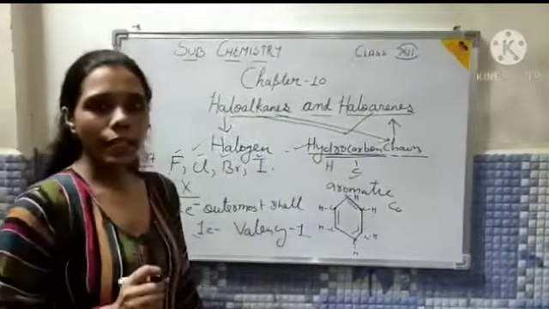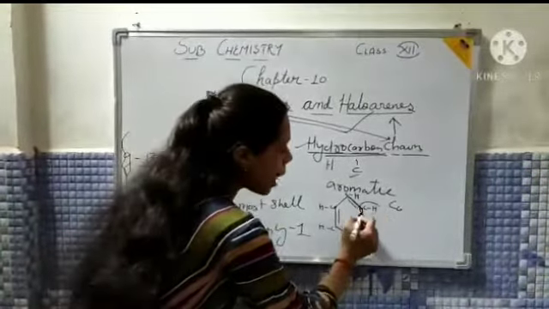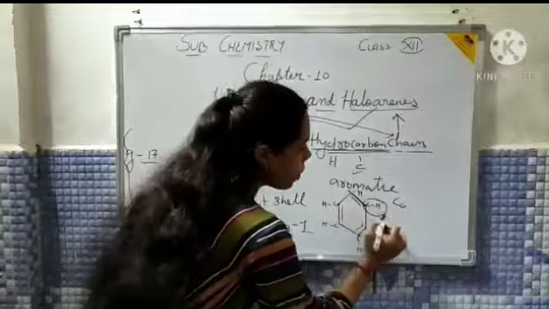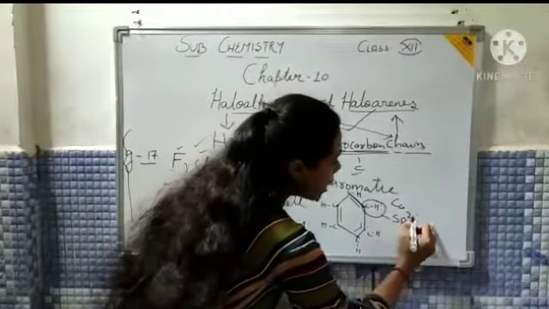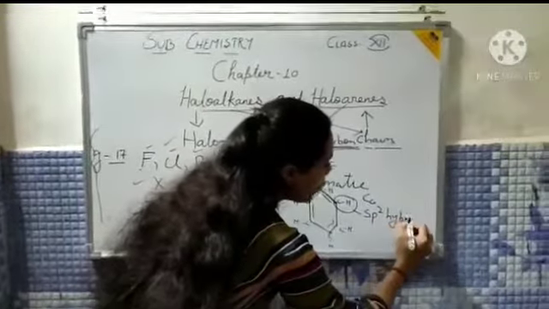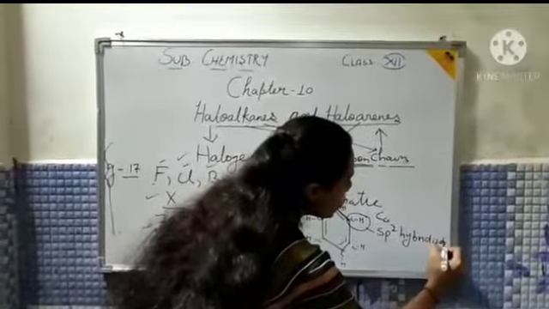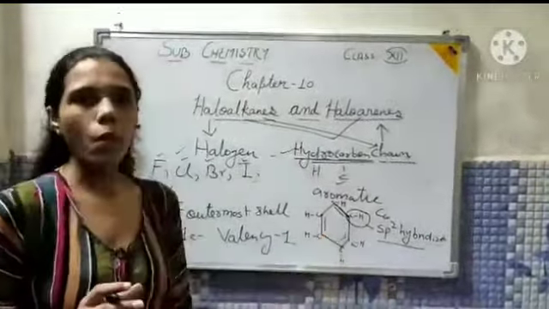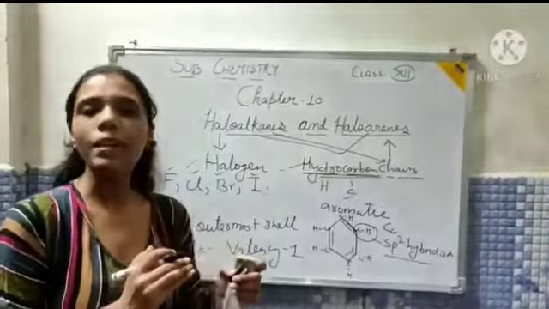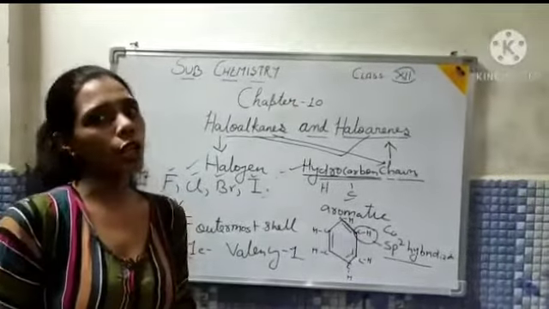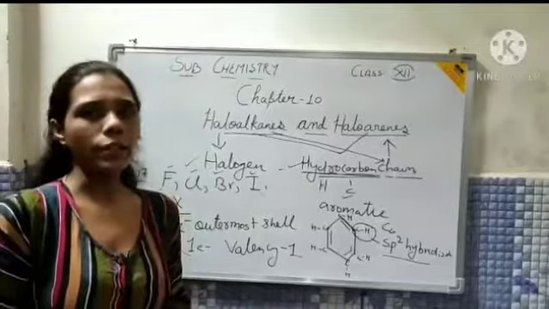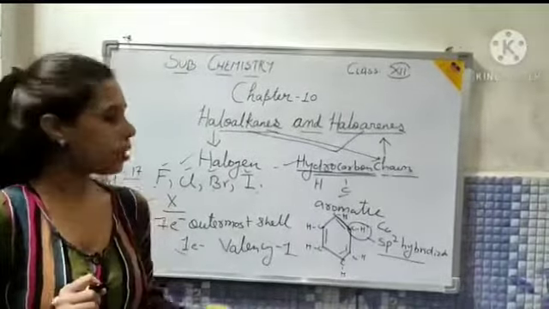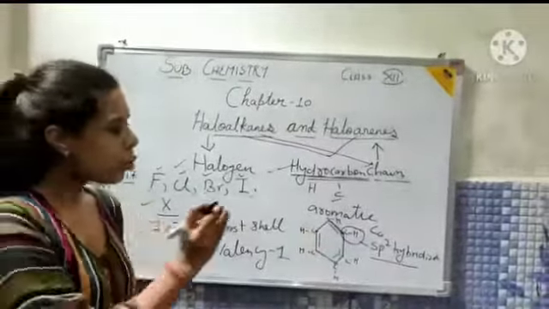And in aromatic, another thing: each carbon and hydrogen show sp2 hybridization. Now, what do you understand by sp2 hybridization, student? It means the carbons with a carbon-carbon double bond have sp2 hybridization. Now, how can you find out the hybridization? It's very simple.